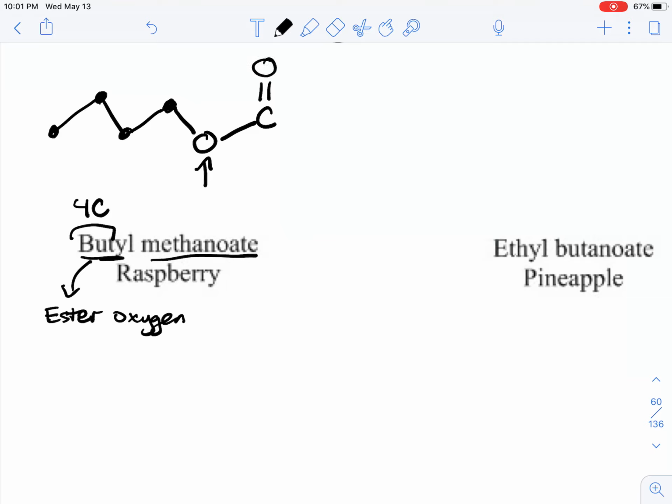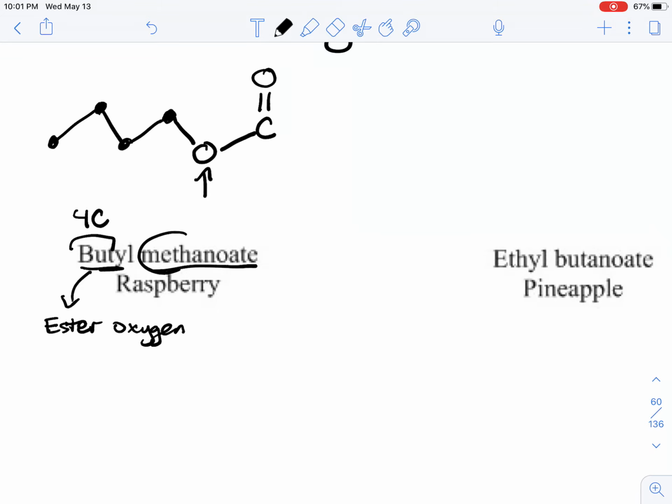Since I have methan as my prefix, I know that this is a 1-carbon compound. And since I already have 1 carbon, I don't need to put another one.